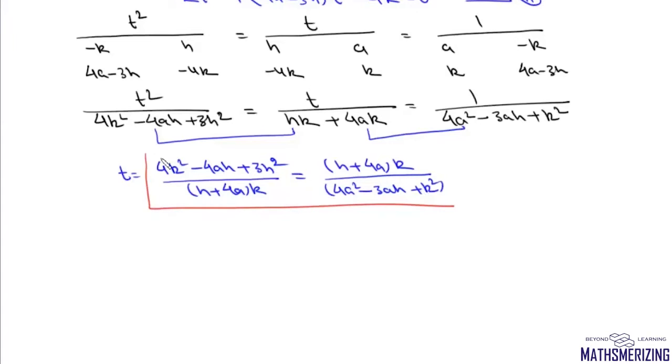So this is our required locus, but then we'll have to put it in the form which is given in the question. So we'll need to cross multiply.